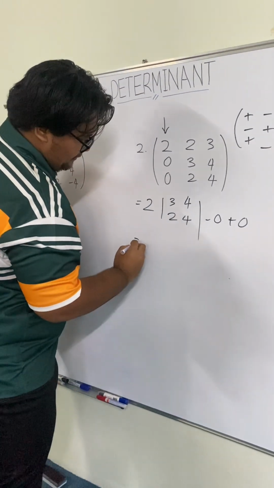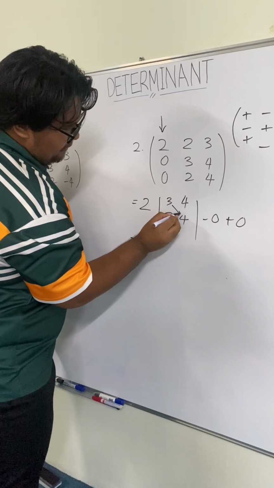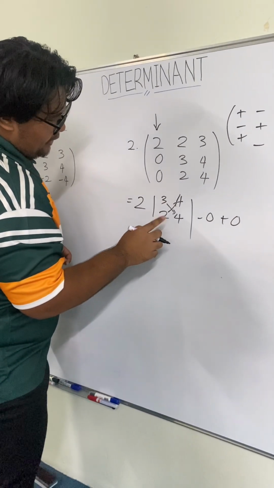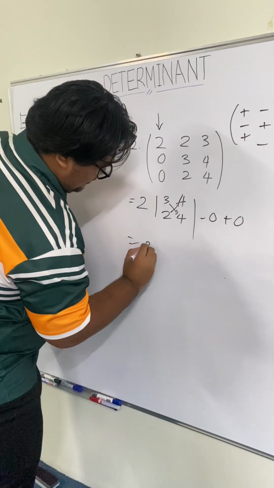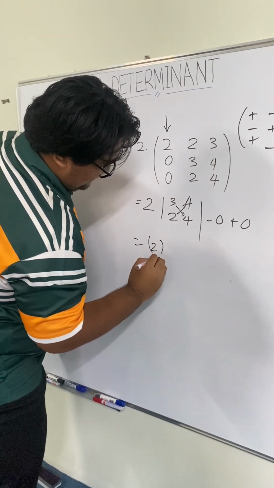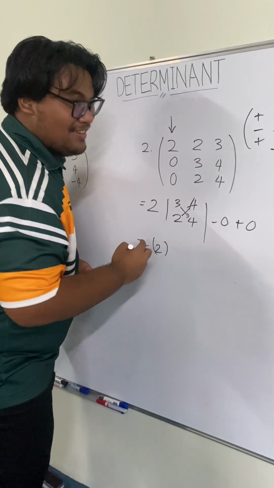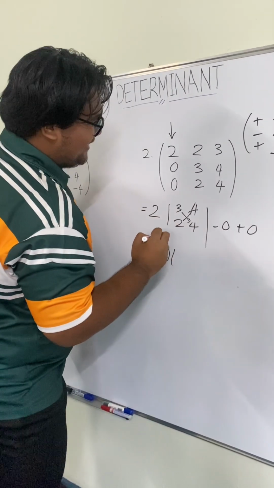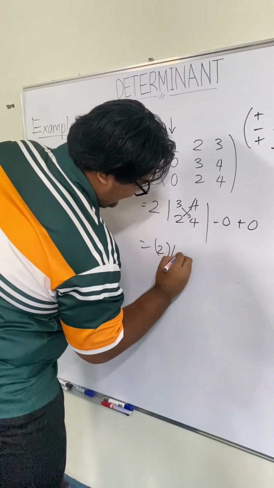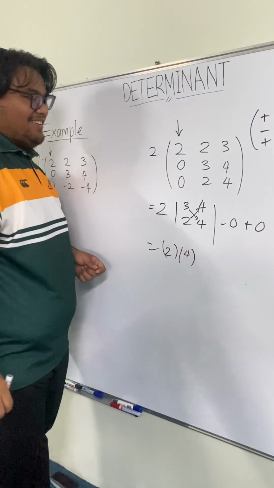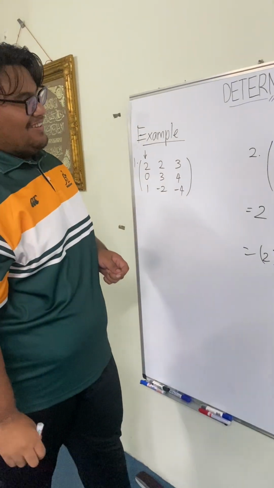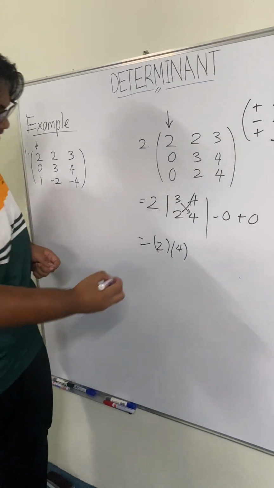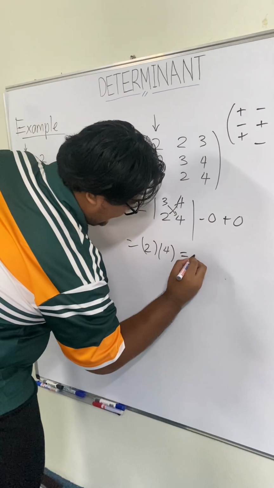For this one, 3 multiplied by 4 and 2 by 4 is 12. 12 minus 8, it's 4, right? 4. So the answer is 8.